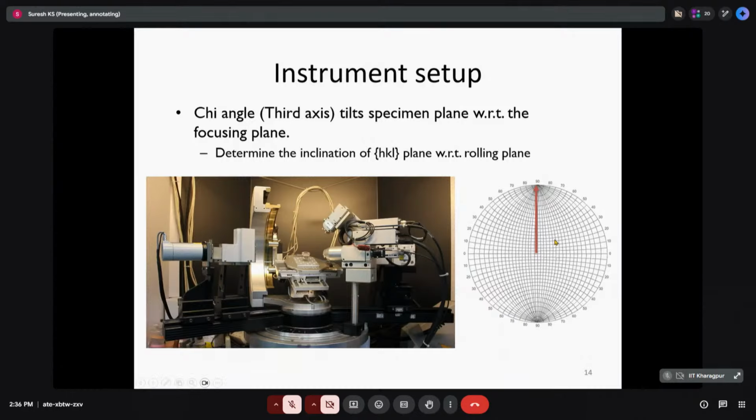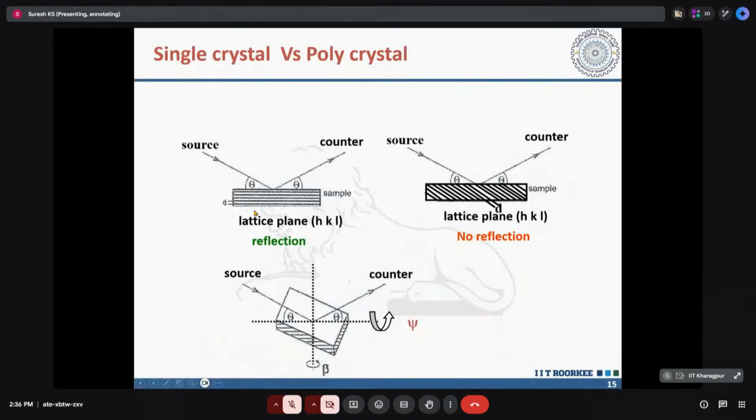So that is the reason. Tilting along the chi-axis means that we are traveling from the center of the stereogram towards the periphery.